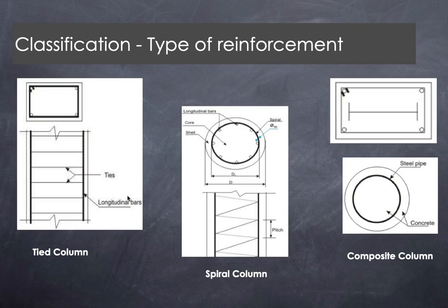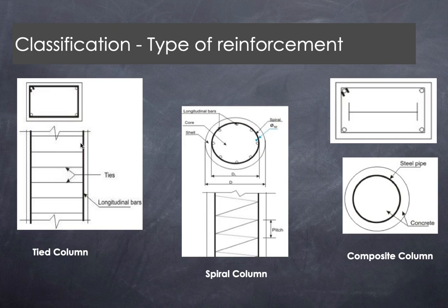Now what is this? Let us consider this. This is a cross section of a column. Now you can see in this cross section this dark rectangle inside is the lateral tie, and if I consider this longitudinal section along its length, this vertical line indicates longitudinal bars and these horizontal lines indicate ties.